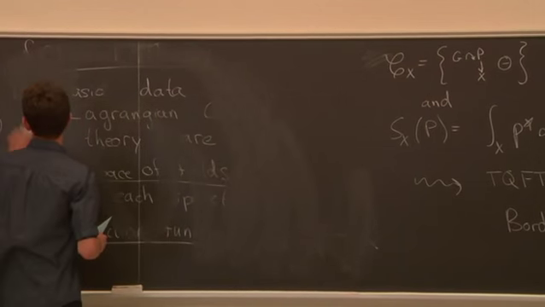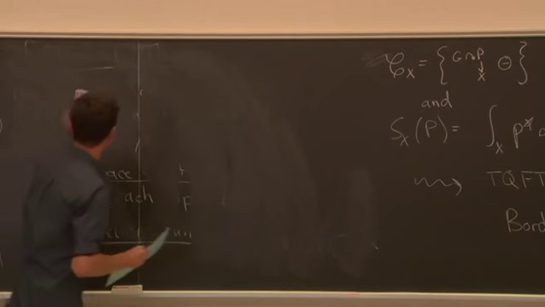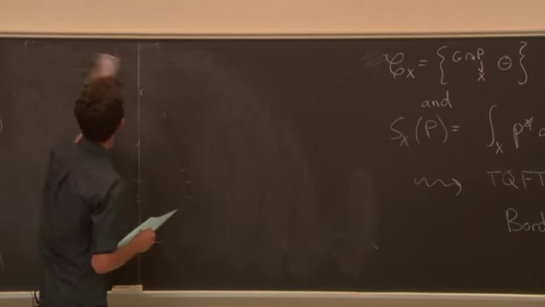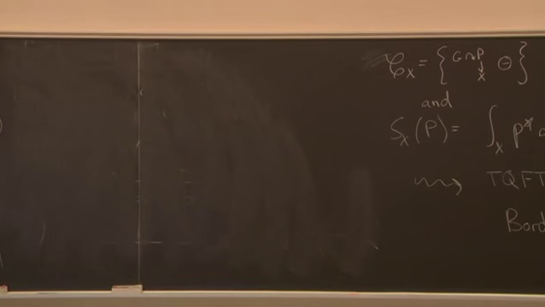Recall Val defined invariant sections last week. I'll give the definition again later on. It's not super important what it is now. We just need to know that we associate some line to any closed oriented d manifold.